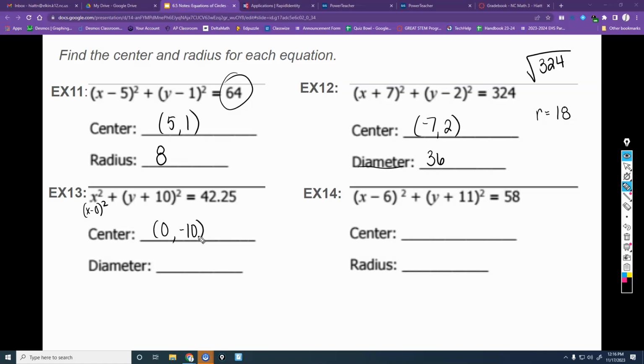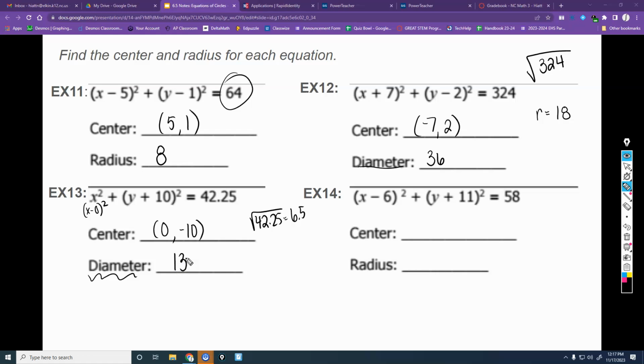Paloma, what would I get for my radius here? Well, radius is not going to be 13. Radius is 6.5. Because we will take the square root of 42.25 and we will get 6.5. This one's trying to trick you also. It's got the diameter, so if we double that, that will be 13. So you're giving me the answer there. Good.